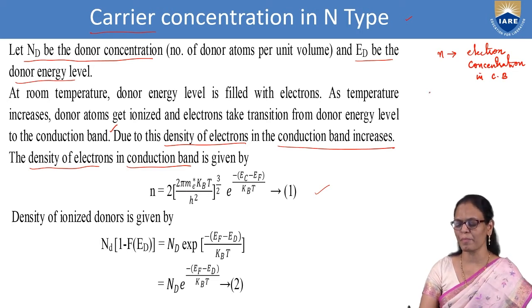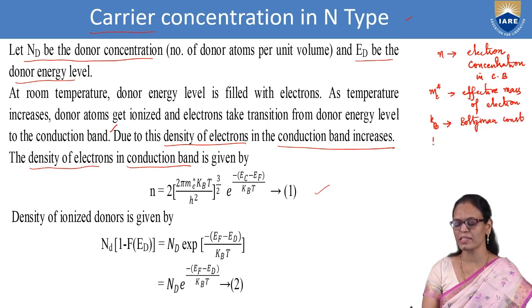Then me* represents the effective mass of the electron. kB is the Boltzmann constant. T is the temperature. h here is Planck's constant.